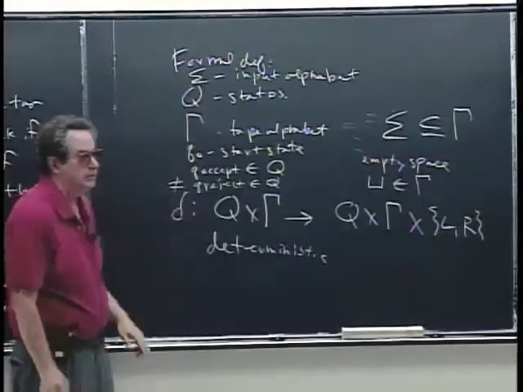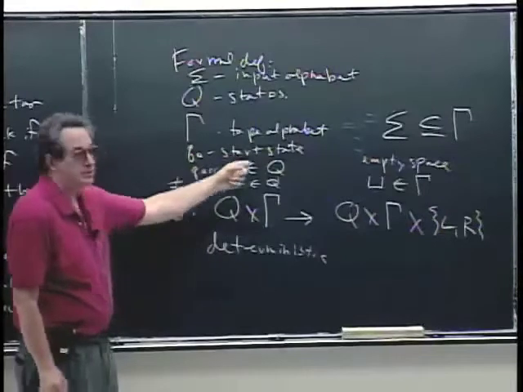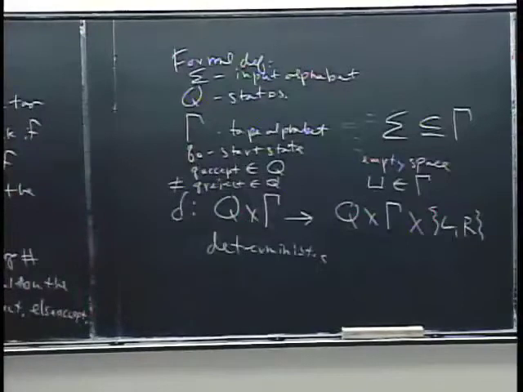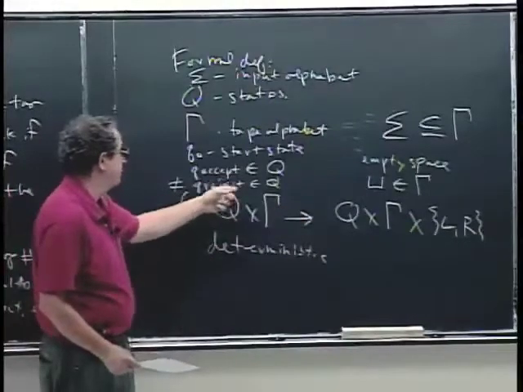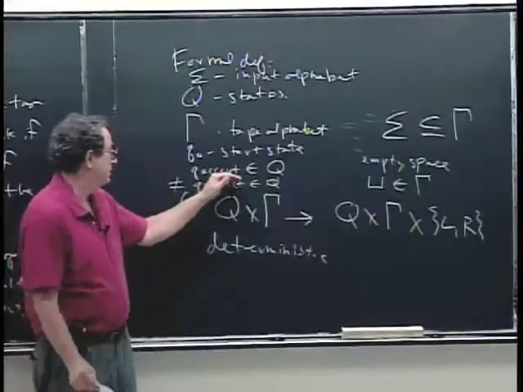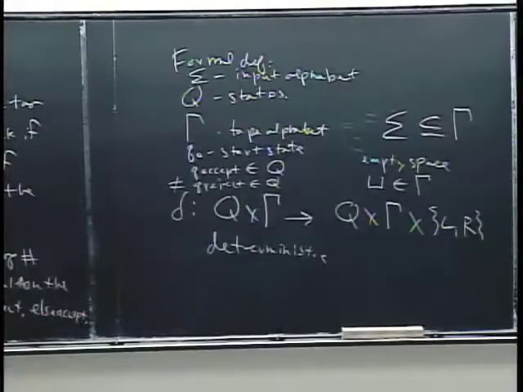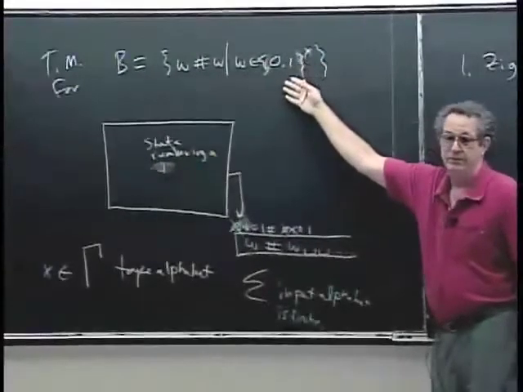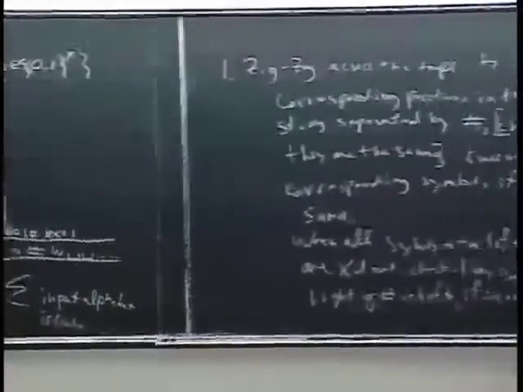When the Turing machine starts in the start state with an input on the input tape and follows the transition rules, it ends up either in accept or reject. It ends up in accept if and only if what was written on the input tape really came from this language B, and it rejects if and only if the input is not from B. Okay? So we'll see some examples of that.